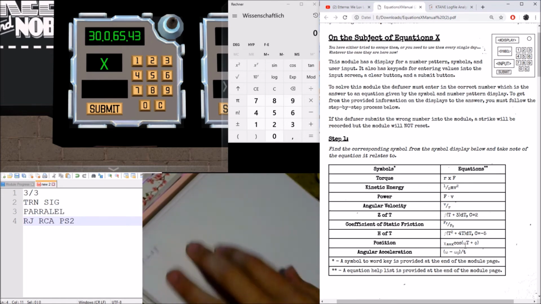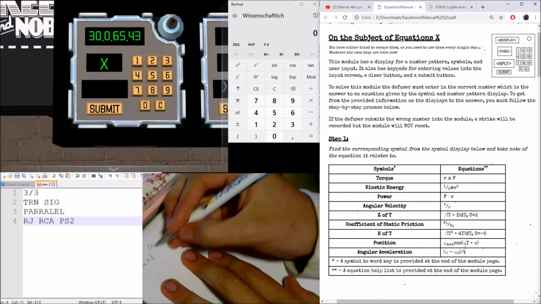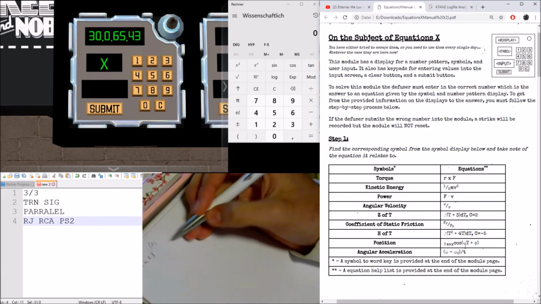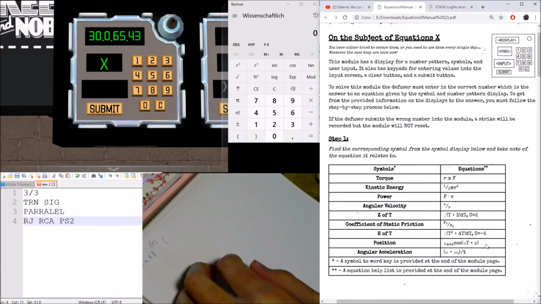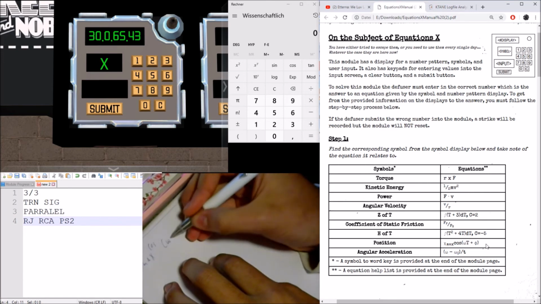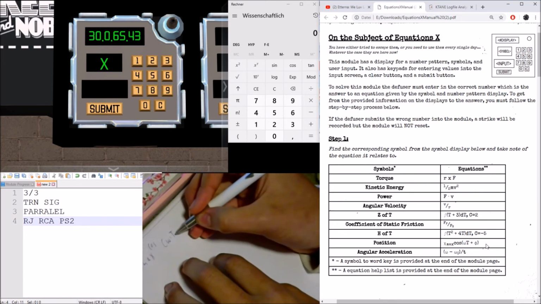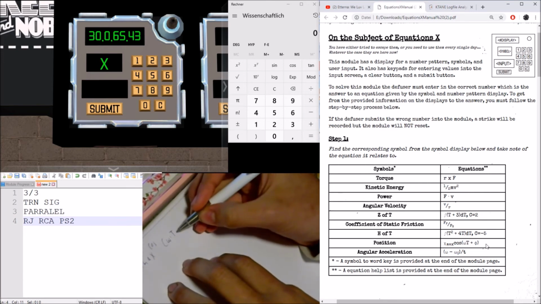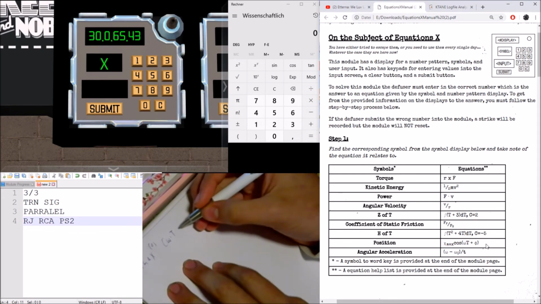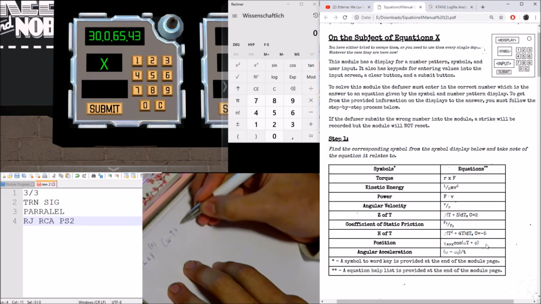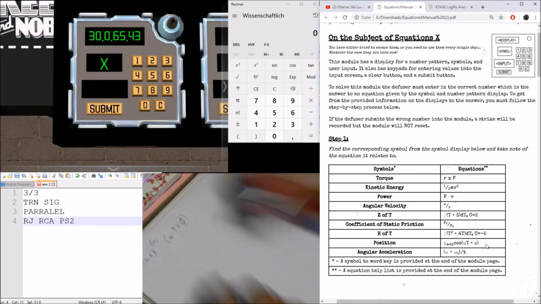Then you cosine that, and then you have w times t. If there's nothing, no plus or minus or anything, then it's always times, plus the phase angle.